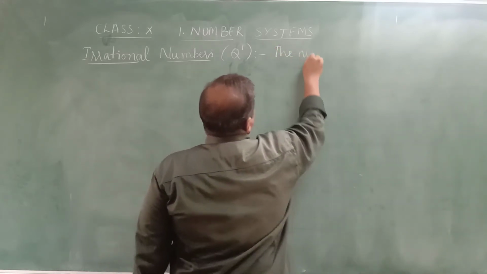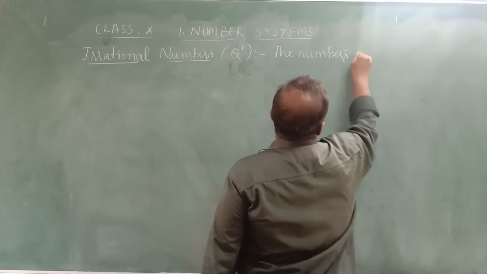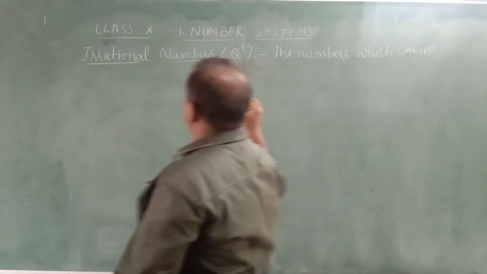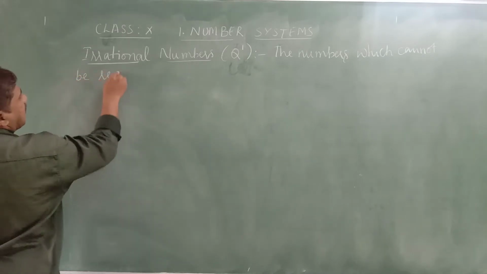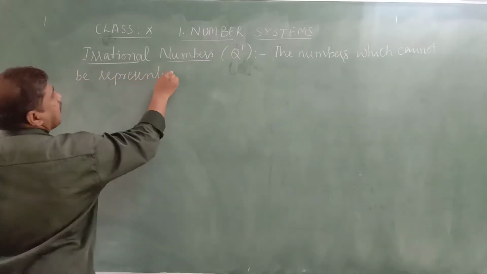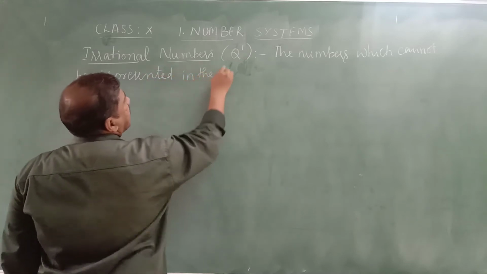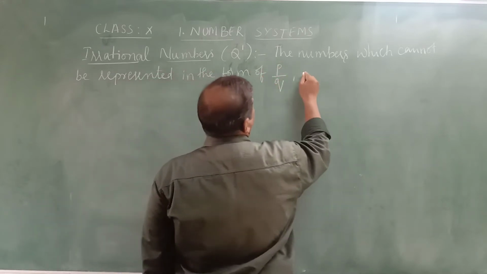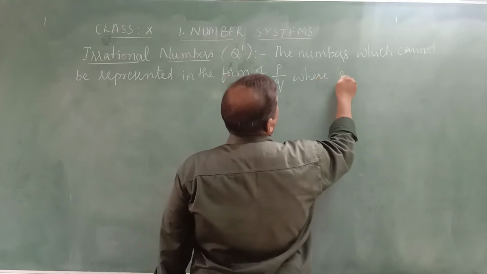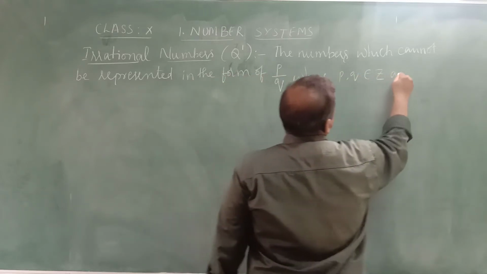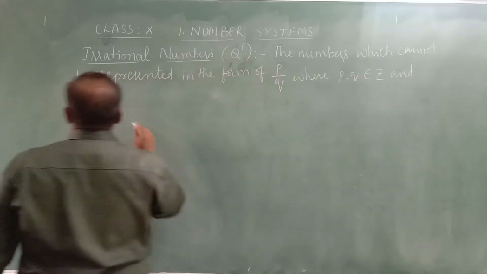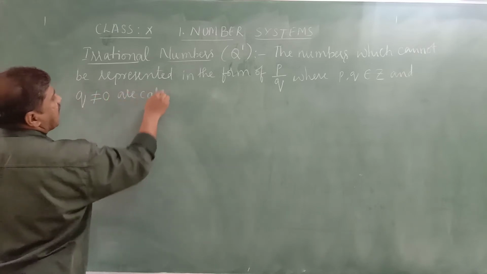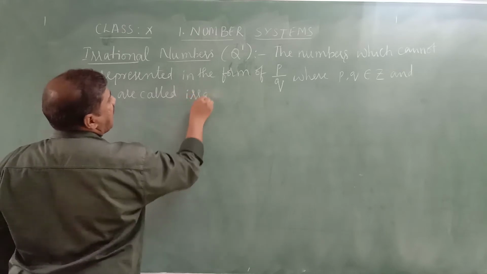So what are irrational numbers? The numbers which cannot be represented in the form of p by q, where p and q are integers and q is not equal to 0, are called irrational numbers.